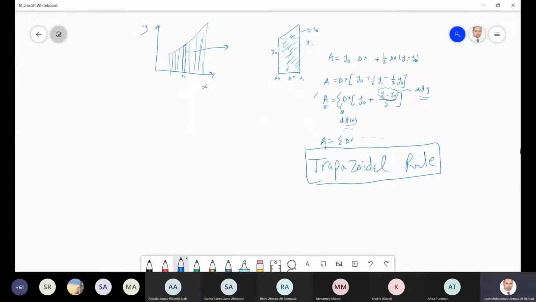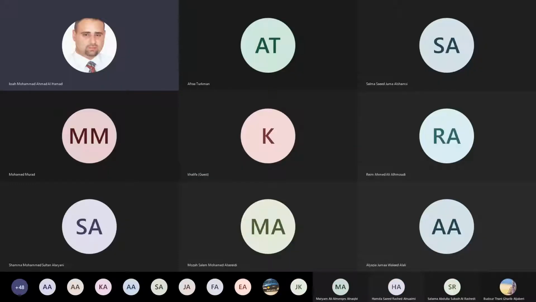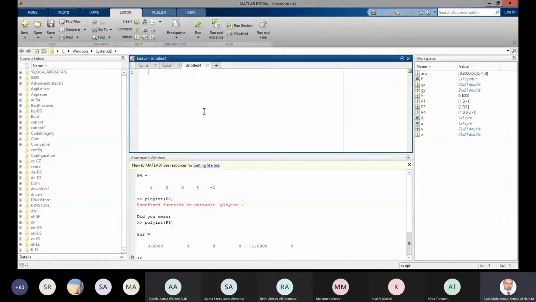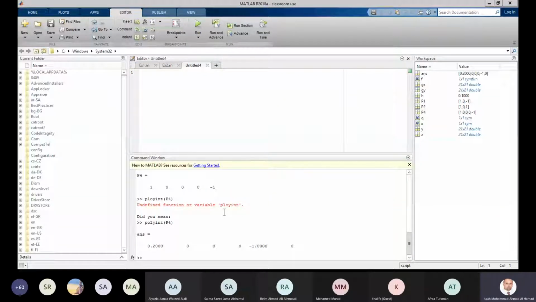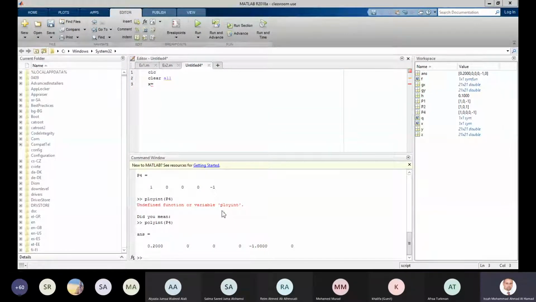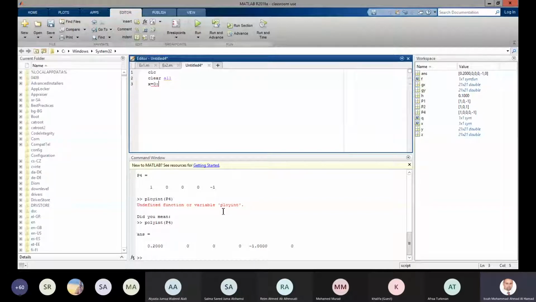Let's try to write a code to reflect this understanding. Let's go back to Matlab. And now, okay. Let's try to do the numerical integration. First of all, we need to define x. So we can define x, for example, x equals 0, increment 0.1 up to 4.